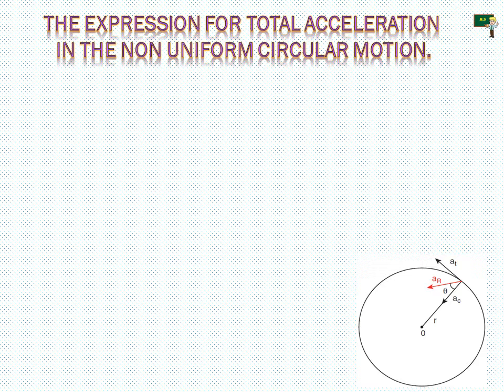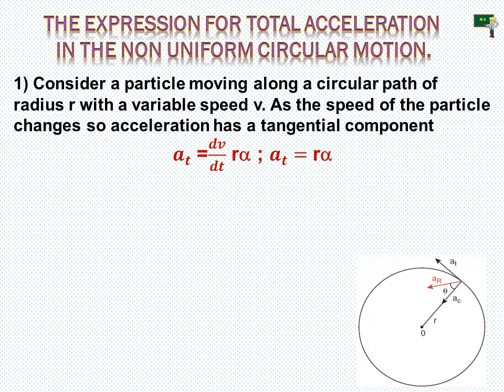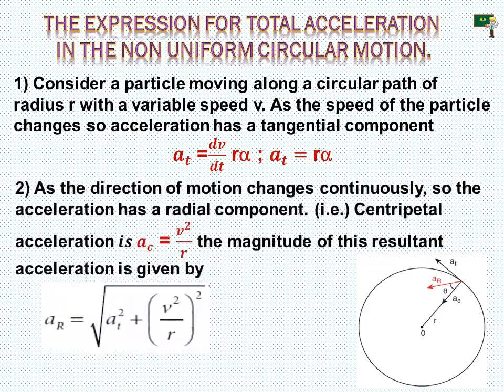Now let's see the expression for total acceleration in non-uniform circular motion. This is a non-uniform circular motion picture. Consider a particle moving along a circular path of radius r with a variable speed v.